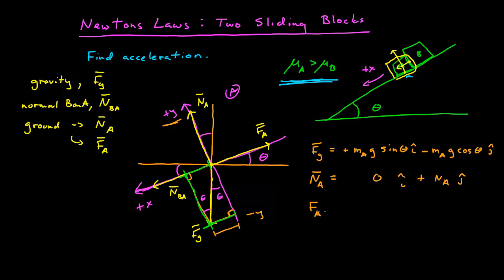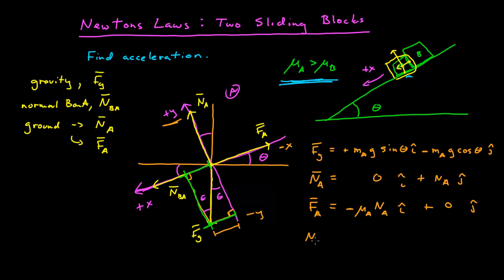Now that gives me my frictional force on A, and it has a magnitude equal to the coefficient of friction between the ground and A times the normal force on A. That's from our contact force model. It is along the x-axis, but given my coordinate system, this is negative x, so it has the entire magnitude along the negative x direction, and then it has nothing in the y direction.